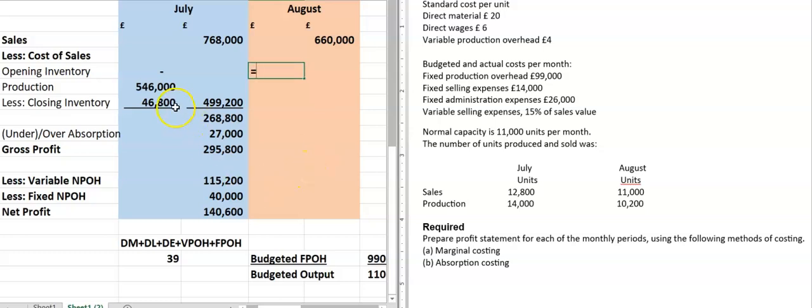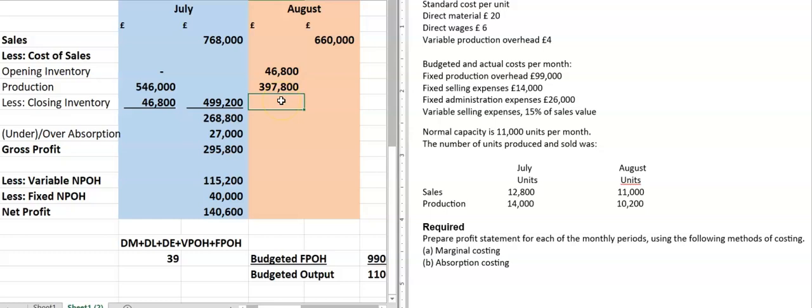You have closing stock of 46,800 at the end of July, so that will come as an opening balance of August. So we get 46,800, and you have the production for August, which is 10,200 units into the value of inventory per unit, that is 39. We already calculated that, 39, right?